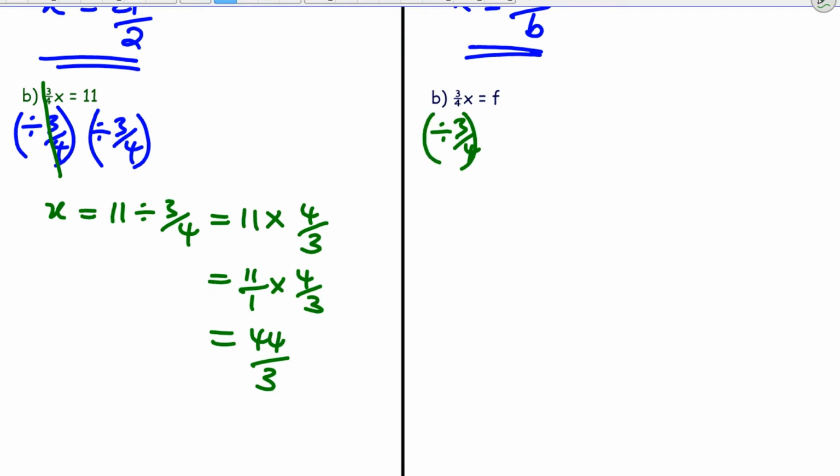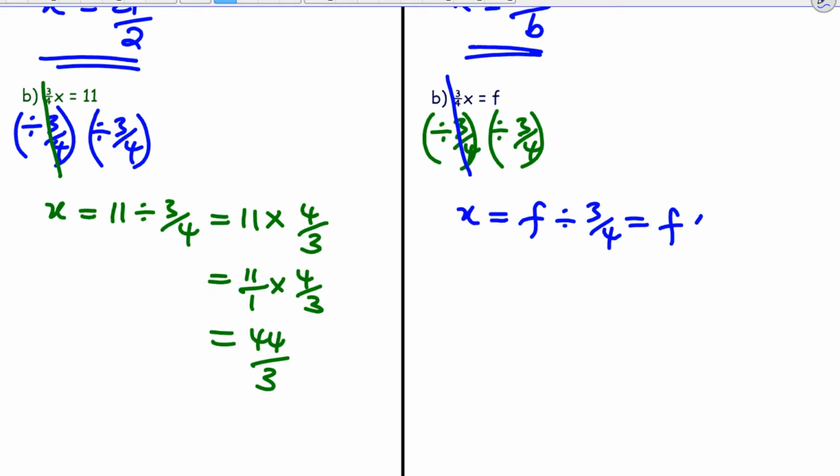So divide by 3/4 on each side. 3/4 divided by 3/4 will be 1, so that cancels. So we end up with x is equal to f divided by 3 over 4, which is the same as f multiplied by 4 over 3. And you can write this as f over 1 multiplied by 4 over 3, and that gives you 4f over 3.